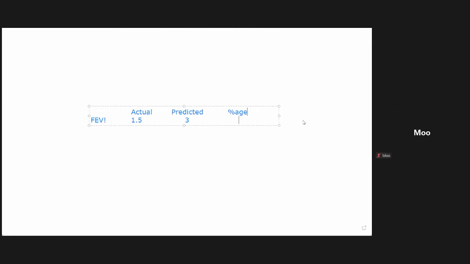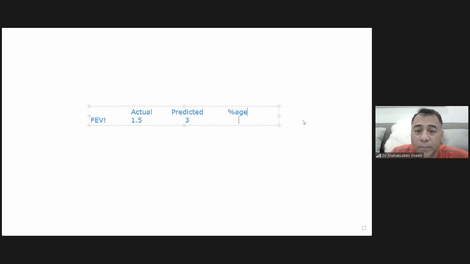The actual value we get from the patient, then we will have the predicted value, and then we will have the percentage. So the FEV1 of that person I said was 1.5. Predicted was 3. How much is the percentage? Quickly, please. 50. Yes, 50, half of the predicted. So 50% percentage.